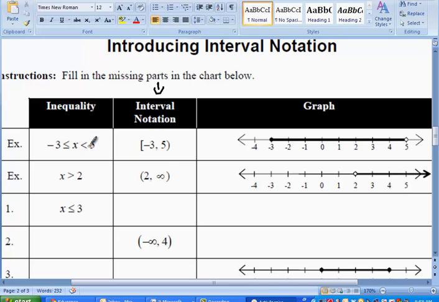And likewise, we have less than or equal to on the -3, and then we have the less than sign on the 5. So what we know is that when we have a closed circle, that means we have an inclusive number. In other words, I'm actually equaling the -3, because the circle on -3 is closed. Whereas over here, it's not going to equal 5, but it's going to get so close to 5 that graphically I have to put a dot on the 5.